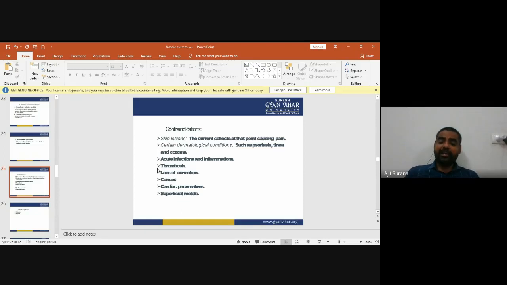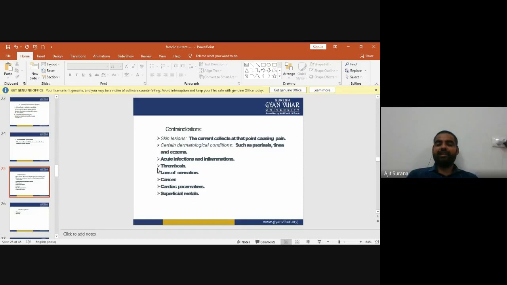It may be contraindicated in conditions like skin lesions, as the current collects at that point causing pain. Certain dermatological conditions such as psoriasis, tinea, and eczema.